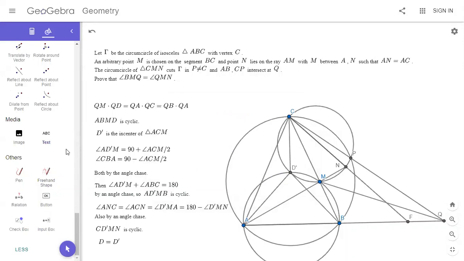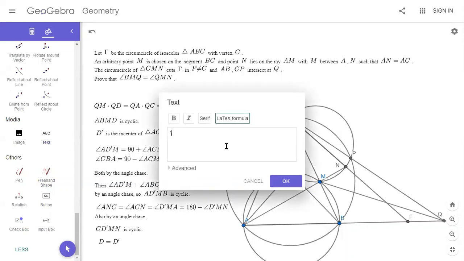So angle BMQ is equal to angle DAB. And that's equal to angle DBA by symmetry.